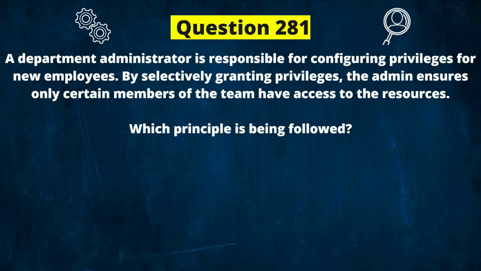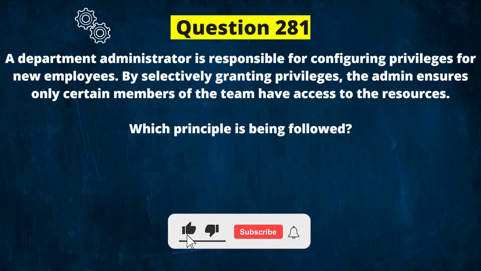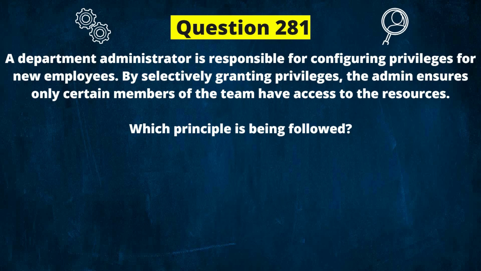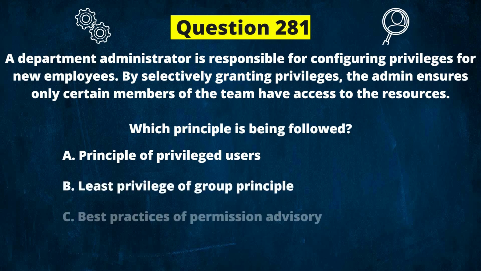A department administrator is responsible for configuring privileges for new employees. By selectively granting privileges, the admin ensures only certain members of the team have access to the resources. Which principle is being followed? And the options are A, principle of privileged users. B, least privilege of group principle. C, best practices of permission advisory.